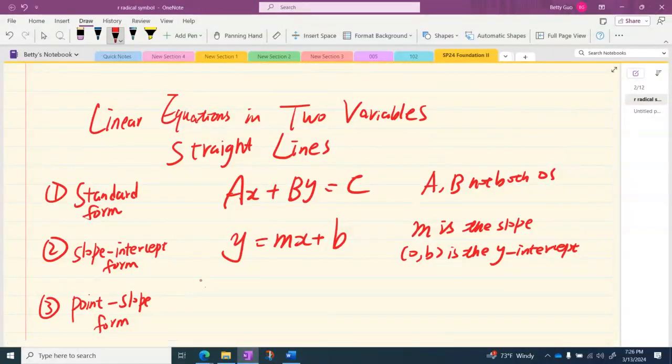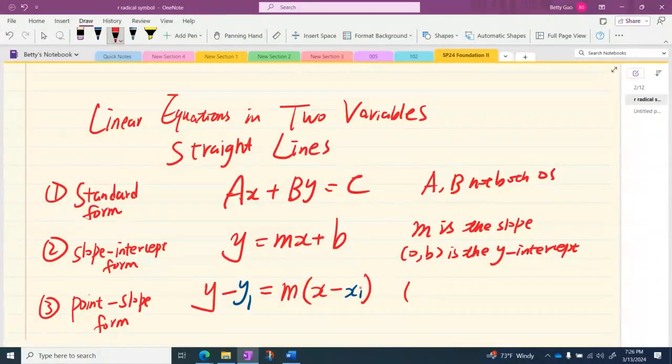Let me show you the formula. y minus y1 equals m times x minus x1. This is the point-slope form. In the equation, x, y, of course, are the two variables, right?